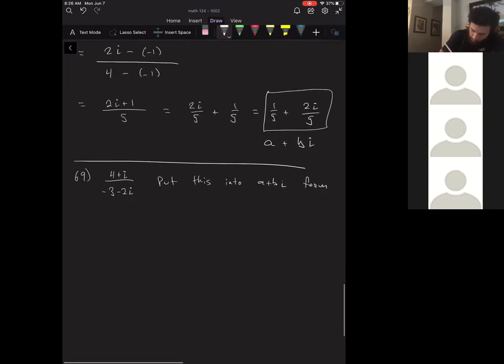So we start with our number. Now we're going to multiply the top and the bottom, but just change this into a plus sign. Minus 3 plus 2i, minus 3 plus 2i.